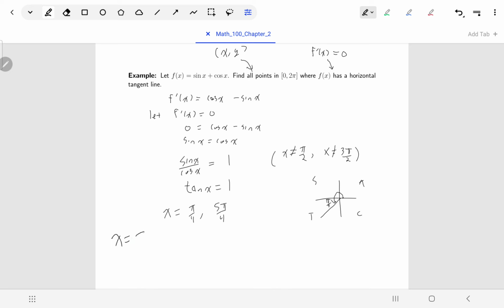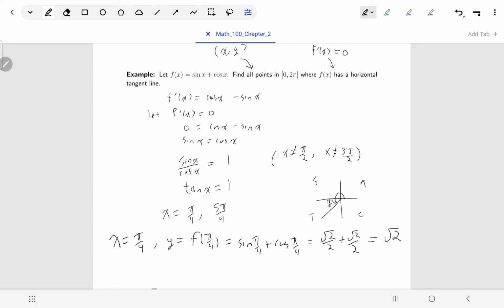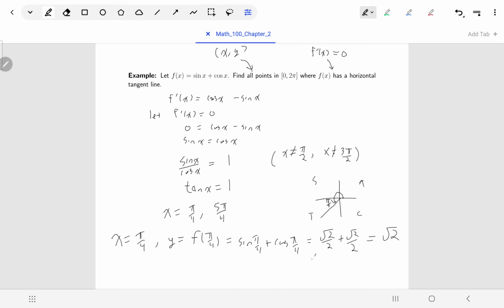When x is pi over 4, the y value is f of pi over 4, which is sine of pi over 4 plus cos of pi over 4, or root 2. So one of the points is the point pi over 4, root 2.